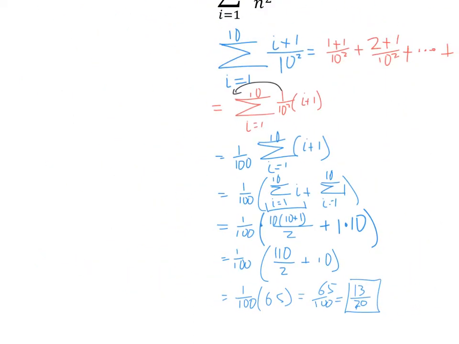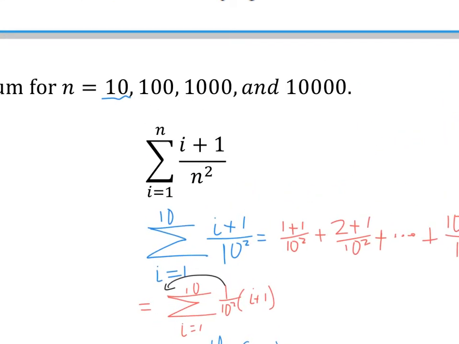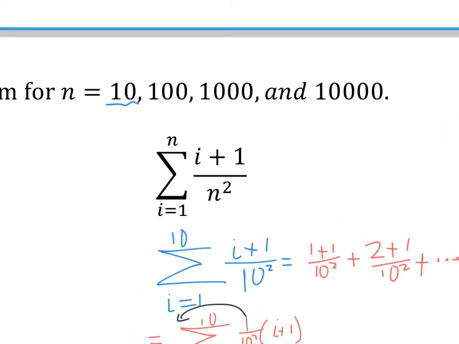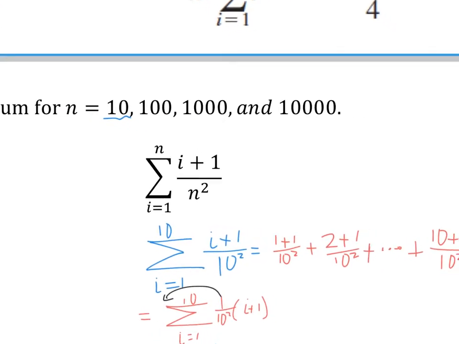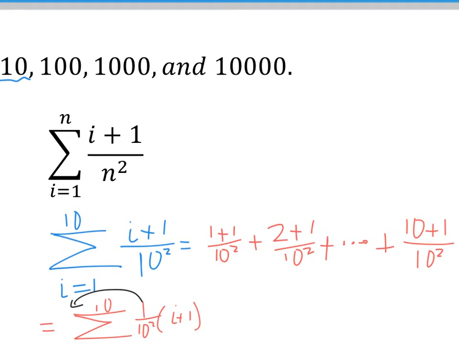Well, we don't want to do this every time for all of these guys, 100, 1,000. It'd be easier to do this with variables first, okay? So let's simplify this with variables. Going to do the same kind of steps here.